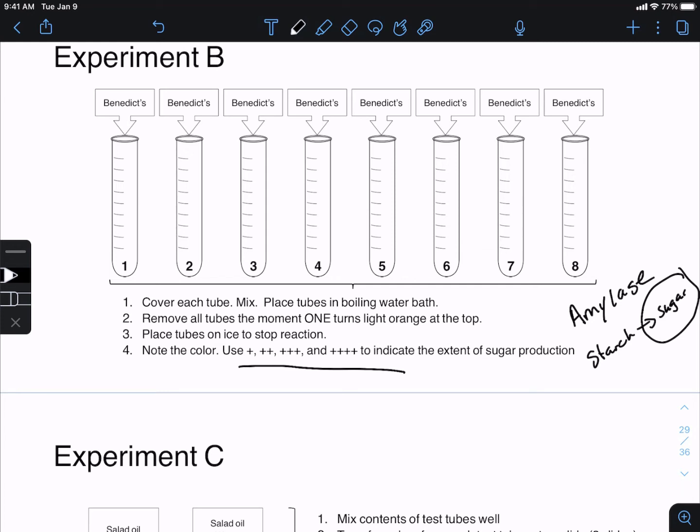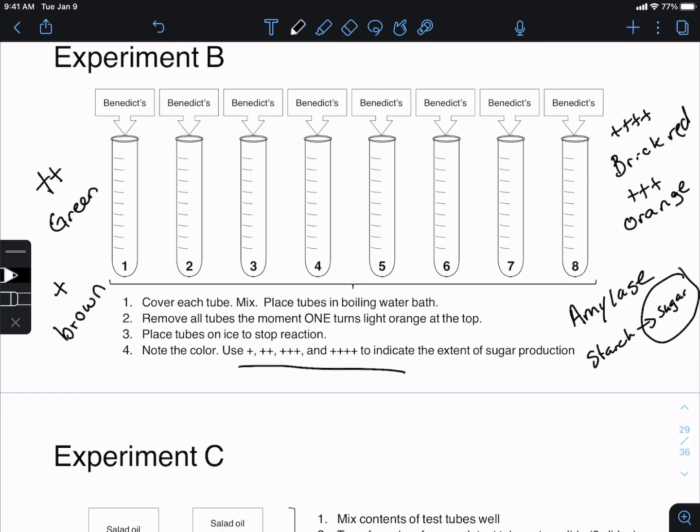4 pluses means you're looking at a nice brick red color, very vibrant. 3 pluses, it's probably going to be more of a dilute orange or an orange yellow. 2 pluses is usually classified as a brownish color, maybe a greenish color, or a yellow green, and 1 plus is just a hint of brown in it.